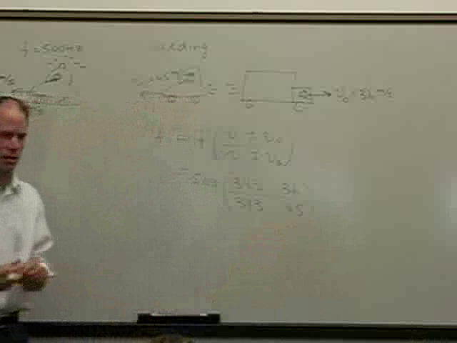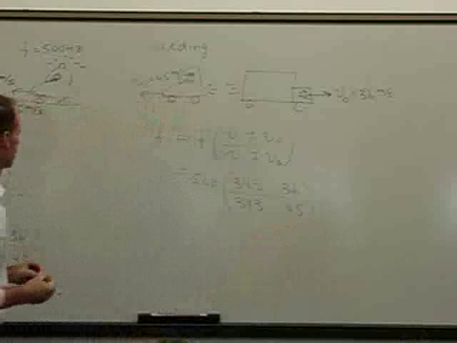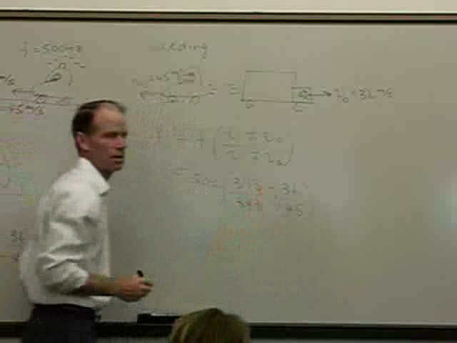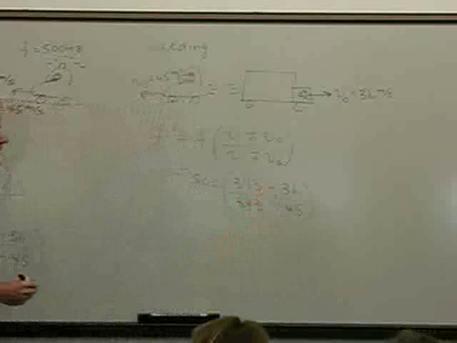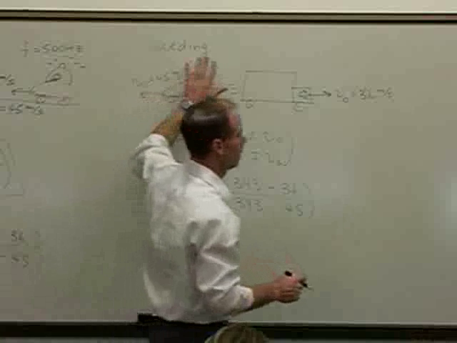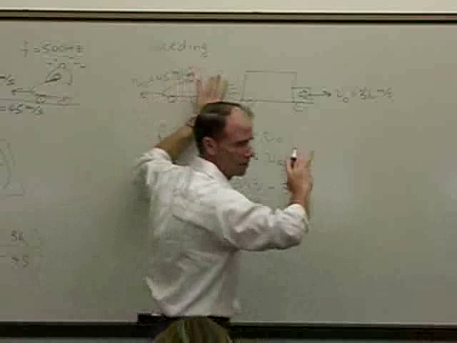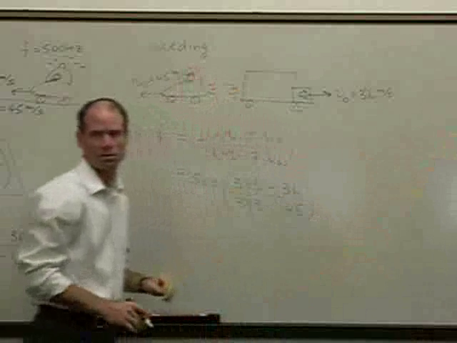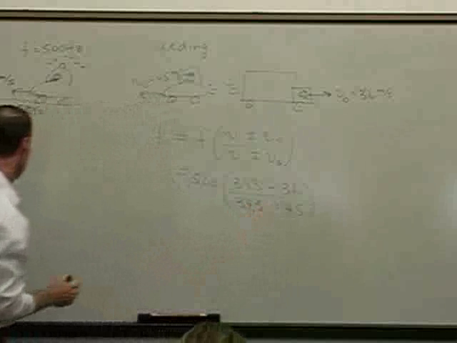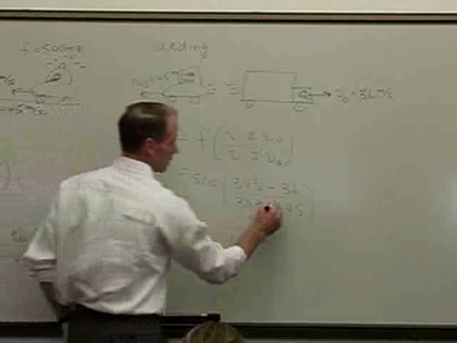Numerator, I should put minus, because the observer is trying to back away from the source. Somewhere here is the source, the observer is here, the observer is trying to get away from the source. And in the denominator, plus.